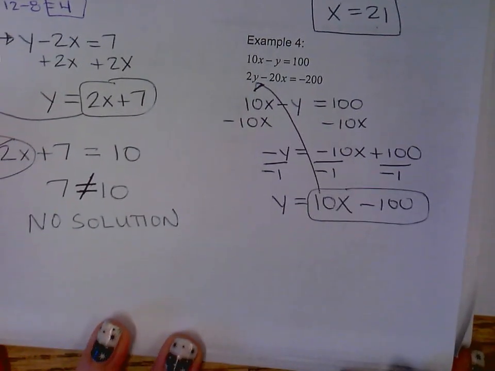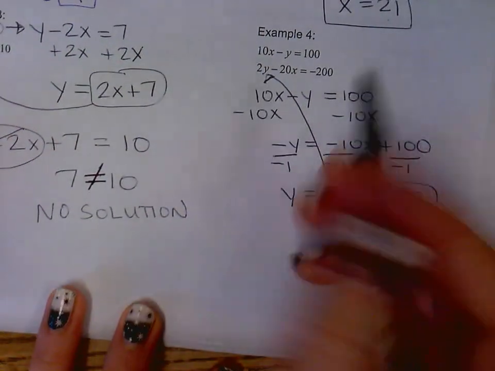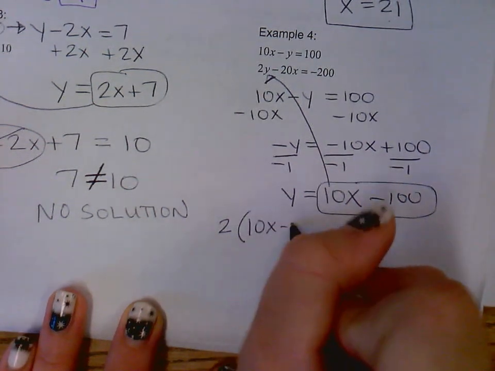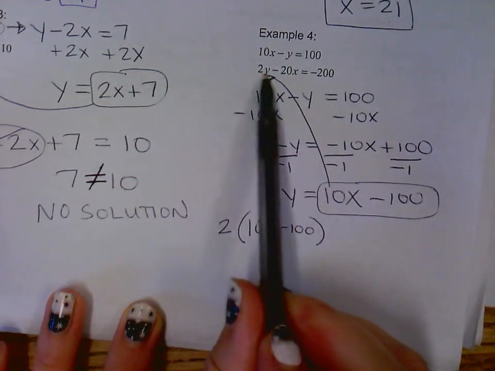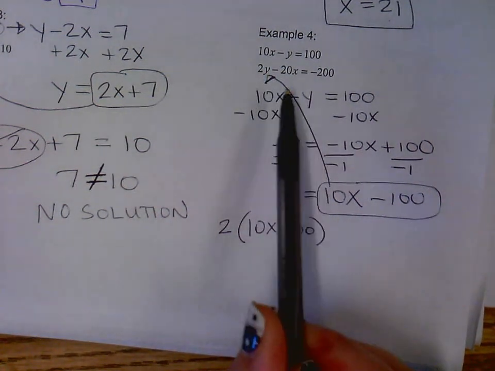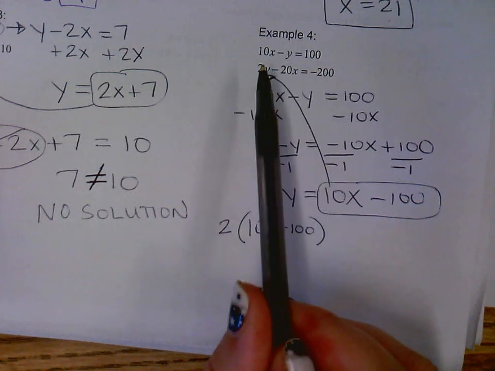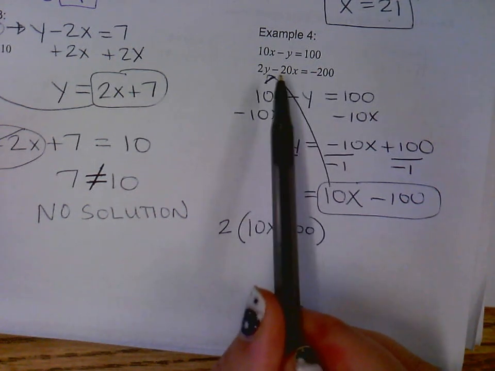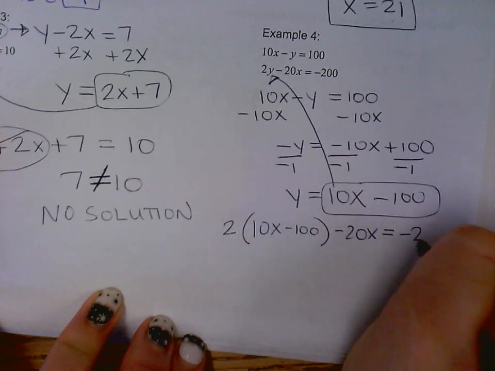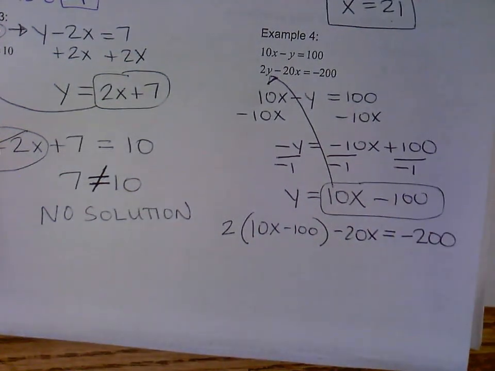So I'm going to have a 2, then a parentheses, 10x minus 100. So that's my 2y from the bottom equation. And now I'm just going to copy the rest of the bottom equation. So I've got a minus 20x equals negative 200. And now I have to work that equation out for x.